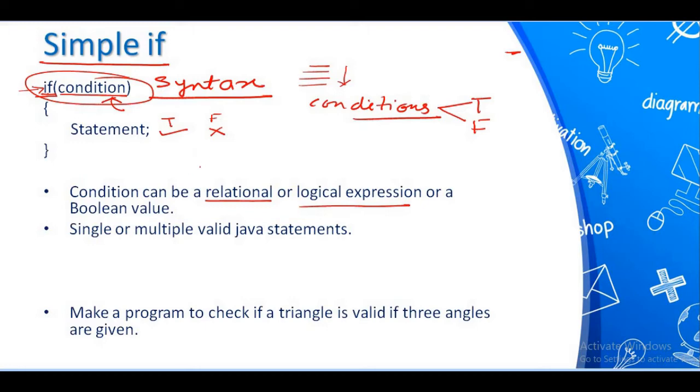This condition can be relational, like a greater than b, or 10 is not equal to 5. These types of conditions can be there. Or there may be some logical expressions like A is not equal to B and B is equal to C, something like that. Such relational or logical expressions we can put in place of the condition.